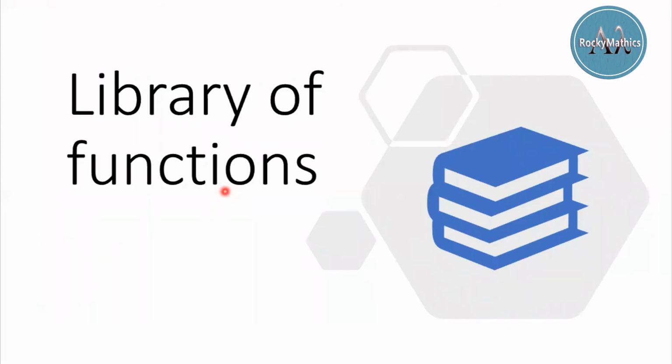So here we have the library of functions, although some of these functions were already discussed in the previous videos when we talked about the domain of the functions. So we will integrate our learning in the previous videos regarding the domain as well as the topic here, which is the graph of the functions.